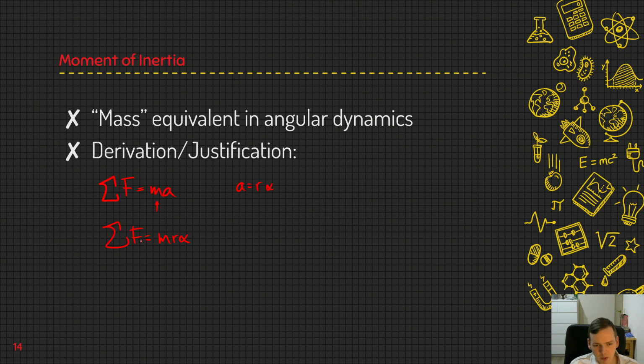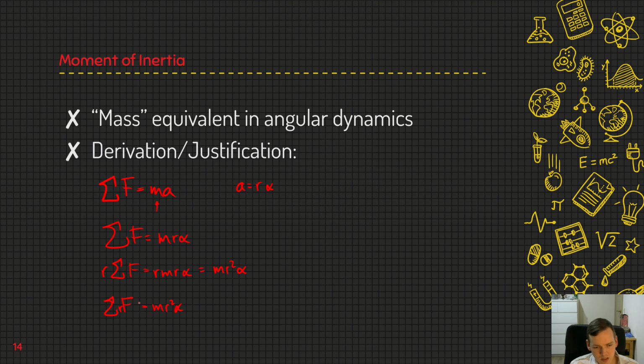Now I'm going to multiply both sides by r for a reason that'll become clear in a minute. So we get r times F equals r times m r alpha, which in other words is just m r squared times alpha. And then I can move that r inside the sum, basically multiply each force times r.